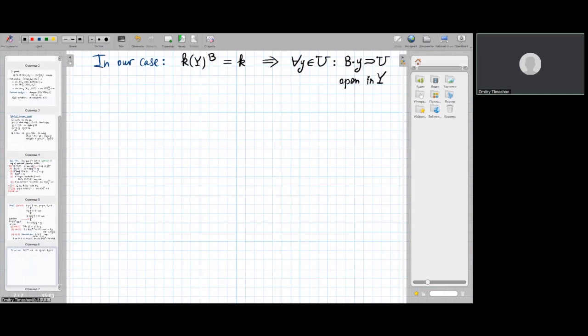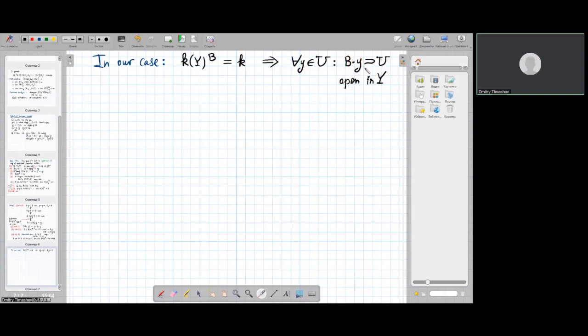Why can we deduce that it is itself open? Well, because if an orbit contains an open subset, we can translate it by the group action. The whole orbit is just the union of all translates of this U by elements of B. So if you take U, a neighborhood of Y contained in this orbit, and translate this neighborhood by all elements of B, you get the whole orbit.